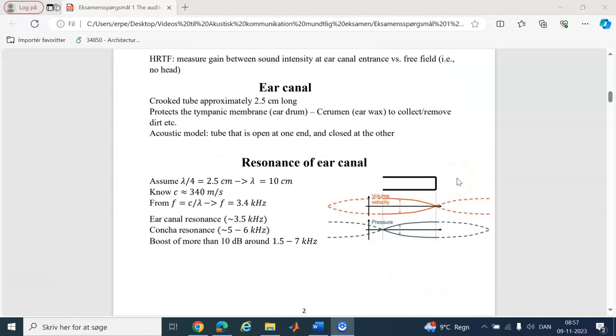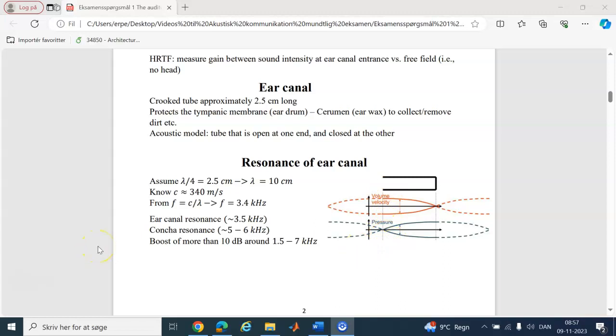That means that the velocity at the closed end is zero, and then the pressure is maximum. At the open end, the volume velocity is maximum, and that means the pressure is zero.